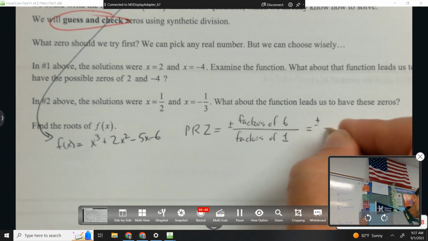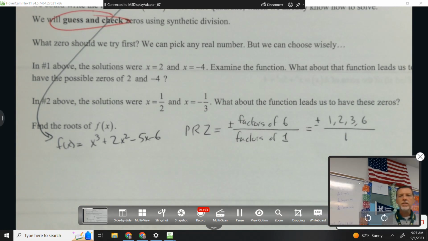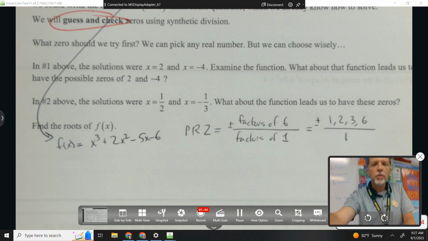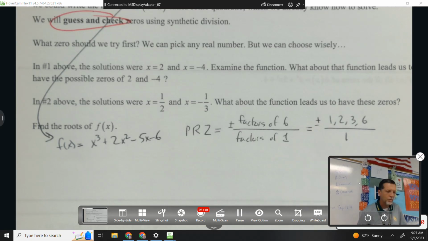So plus or minus 1, 2, 3, or 6 over 1. So think carefully before you answer this. How many possible rational zeros are there? 8, right? Because of the plus or minus. So 4, but plus or minus means there's 8.